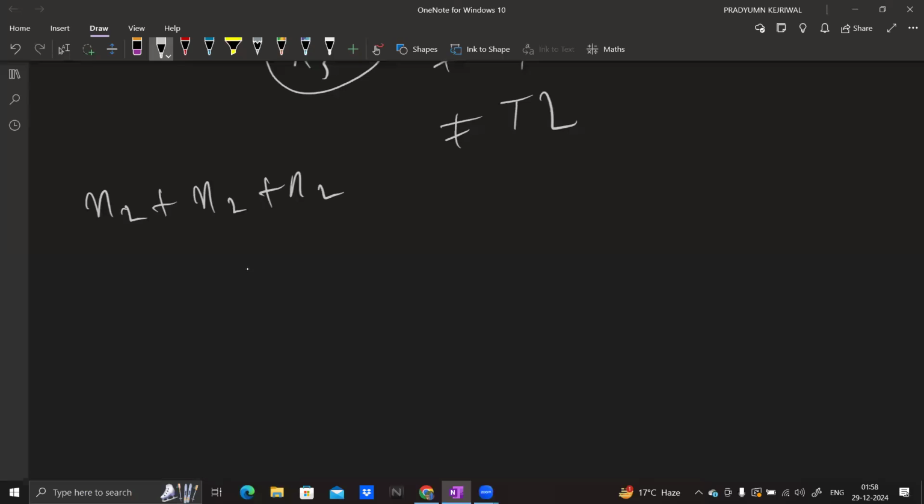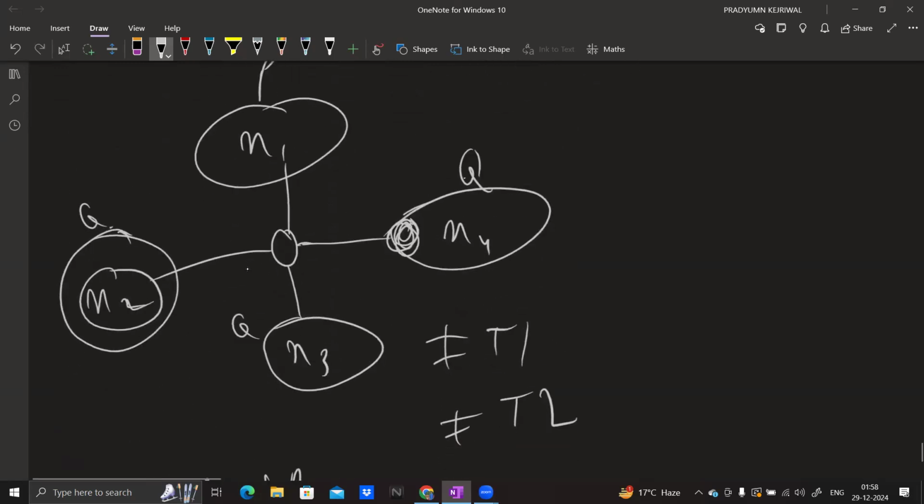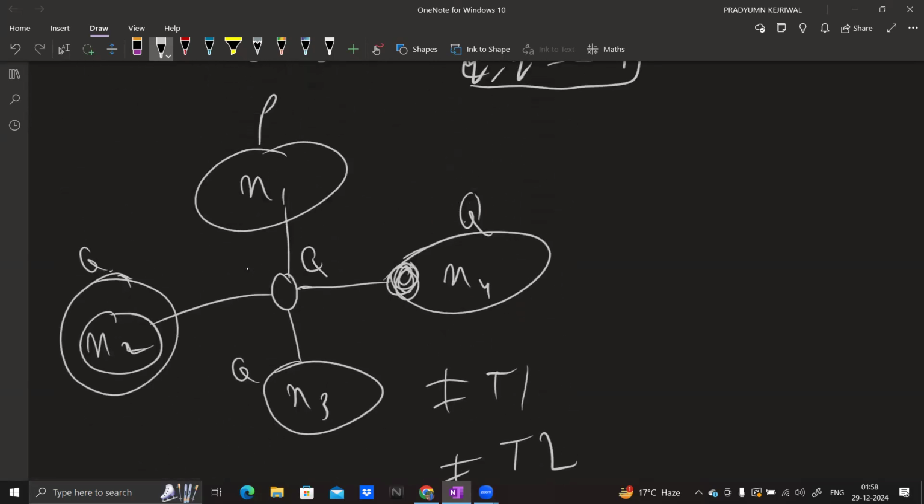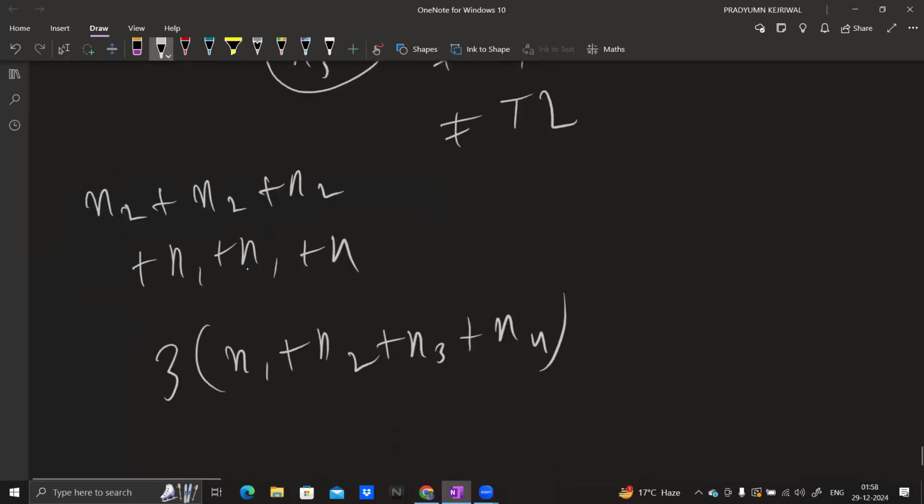So plus N1, plus N1, and plus N1. You can observe that all of the n's are coming 3 times. So the answer is just 3 into n1 plus n2 plus n3 plus n4. This q dash is connected to 4 components, so the answer is 3 into the sum of the number of non-type 1 and non-type 2 nodes.